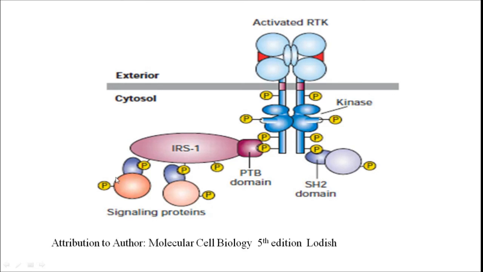Phosphorylation of the tyrosine residues present on these intracellular proteins is carried out, and the signal passes from one protein to another, so that an intracellular signaling cascade is generated, and it results in the production of cellular responses.